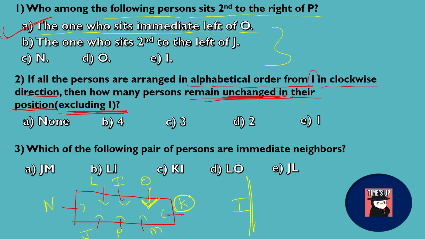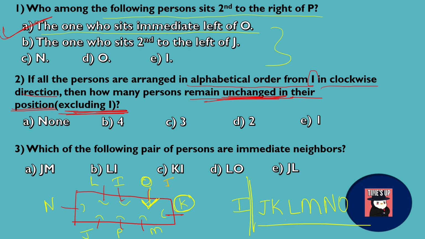So after I, what will come? J will come, then K, L, M, N, O. Wait a minute, we'll get confused, so I'll write this with a different pen.